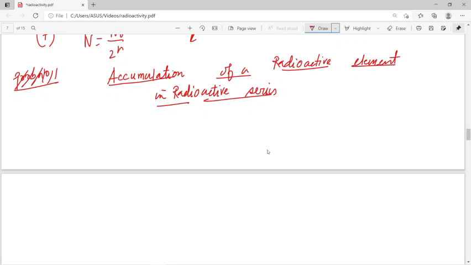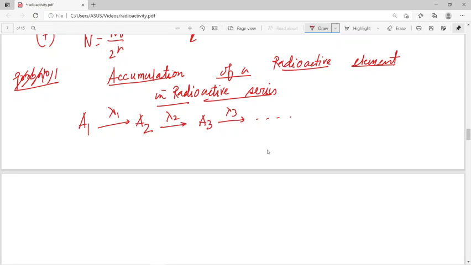We know that in a radioactive series each element decays into its daughter nucleus until a stable element appears. So if we consider a radioactive series, after one disintegration we get A2, after a different disintegration we get A3, with lambda 3, and so on.